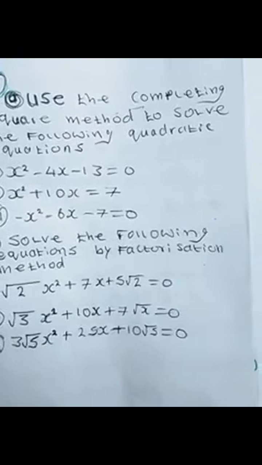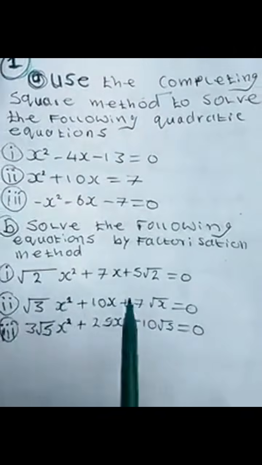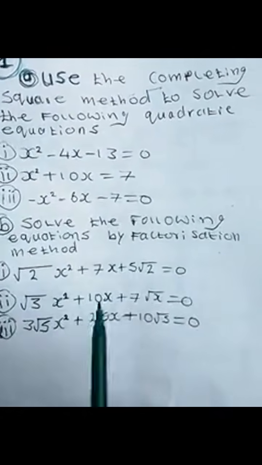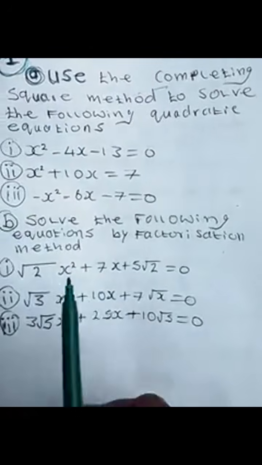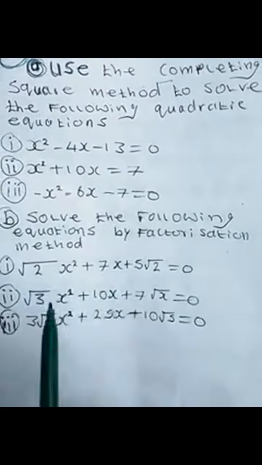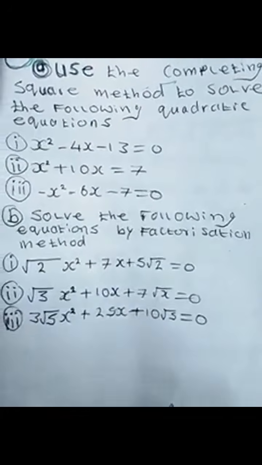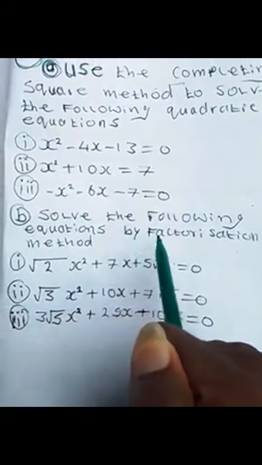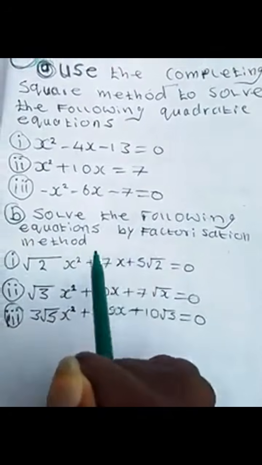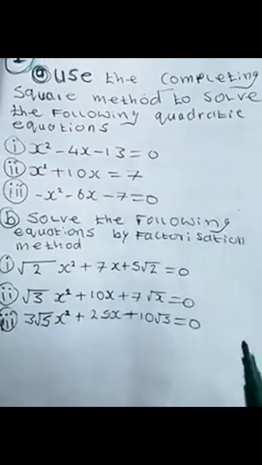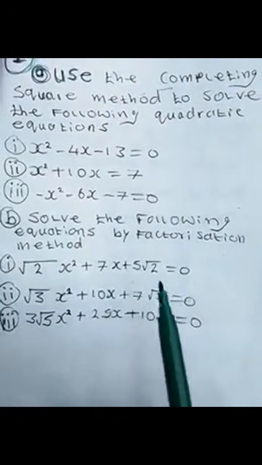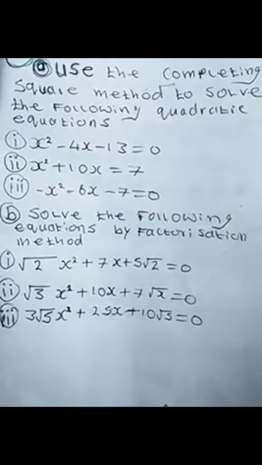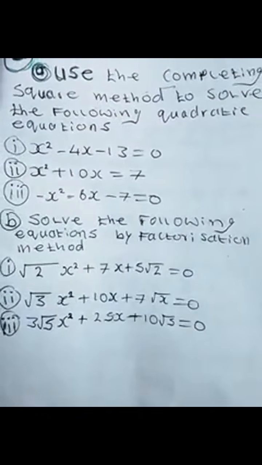Now, when I uploaded, some people didn't understand how I was solving this, like the logic. So I want you to pay attention. This part is tricky. Let me first read the question. They're saying solve the following equations by factorization method. If they want us to use the factorization method, I know what you're thinking: you just find what is common on this side and the other side.